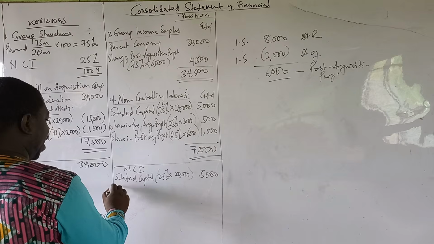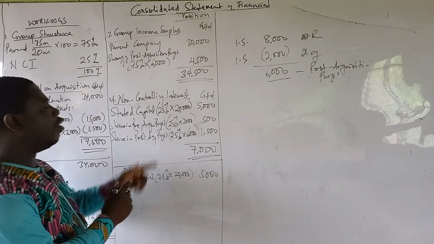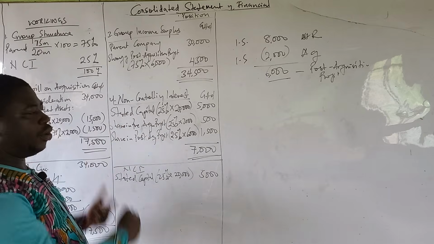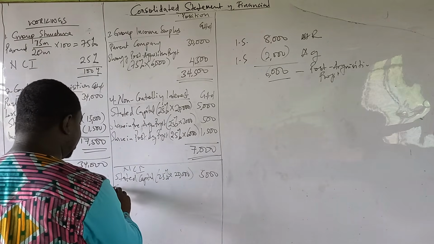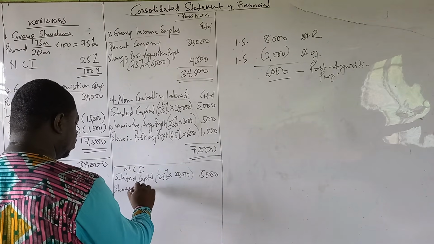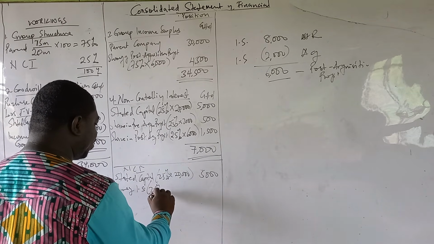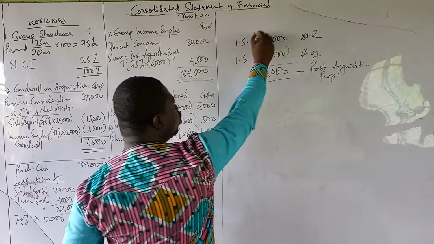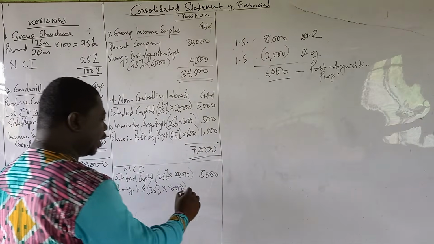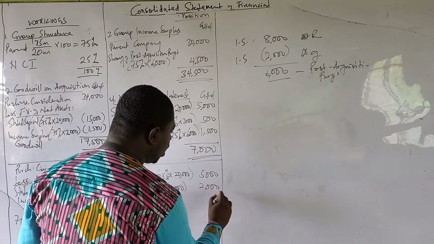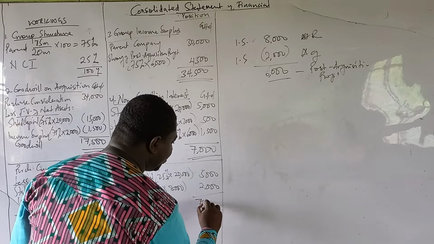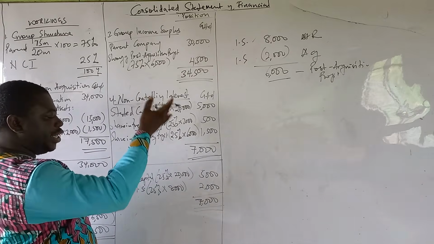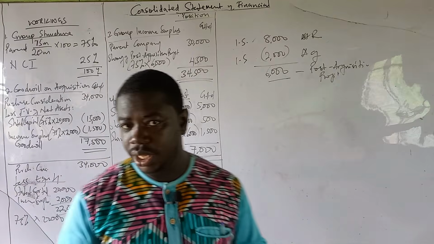Then you combine, because they have a share in both post and pre. So you can just say share of income surplus, which will be 25% of 8,000. This time we are combining 2,000 and 6,000, so we are picking the 8,000, and that gives us 2,000. And when we add, we still have the same 7,000. So whether you go by this way or that way, it's going to be the same.